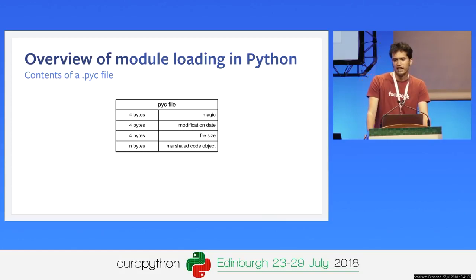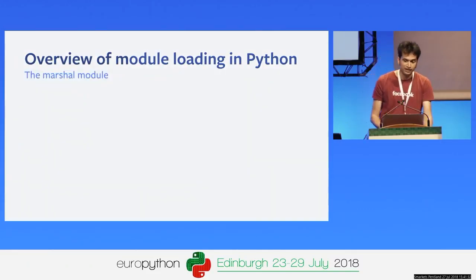You just open the file, skip the first 12 bytes, and hand it off to marshal.load, and you get a code object. There's a bit more work involved in turning these code objects into module objects. It involves running it and things like that. But fortunately for us, CPython's PyImport C API functions have us covered. You just have to call one of those functions, and it does everything for you.